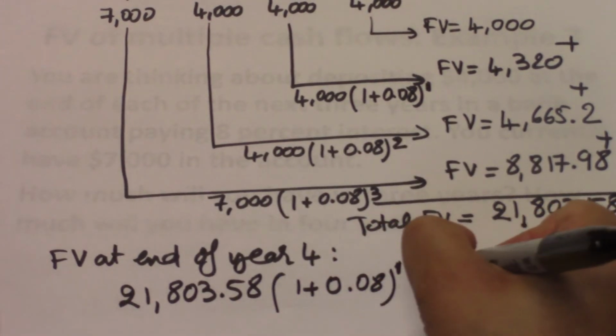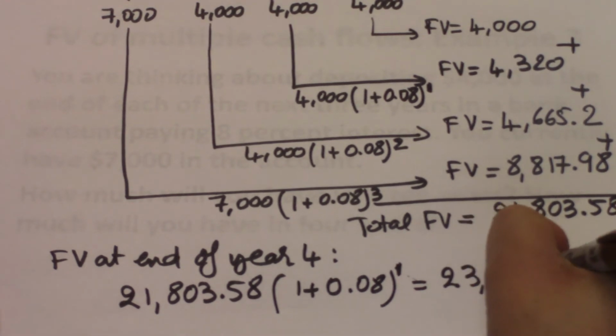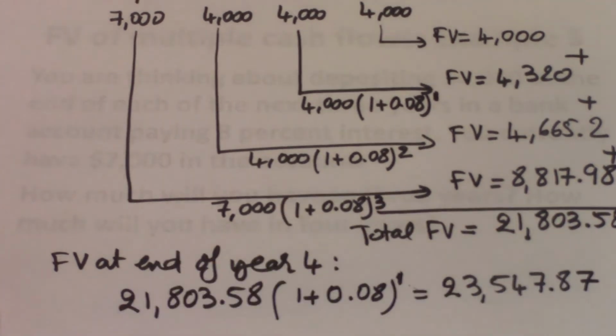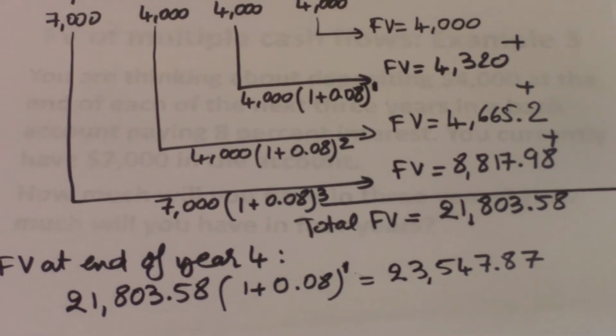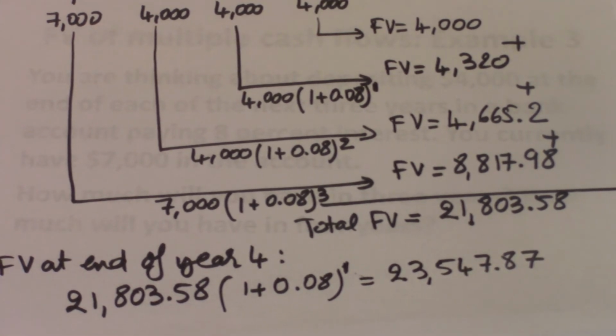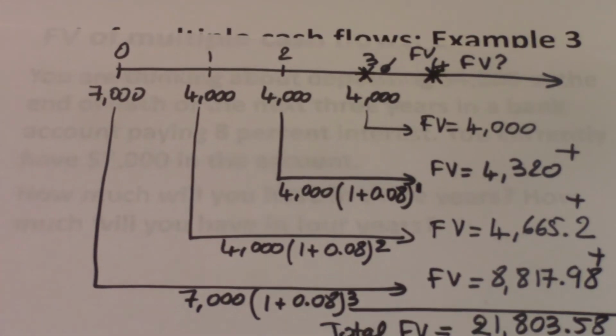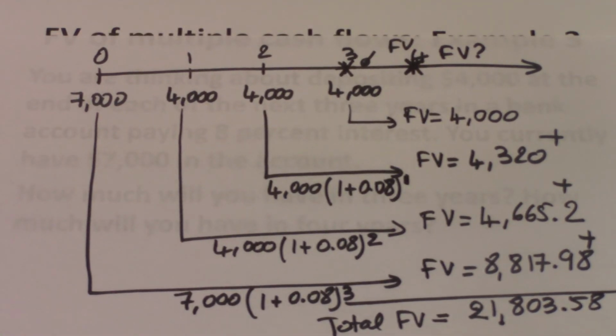Well, this will give us a future value of 23,547.87. So at the end of year 4, you should expect your account to have 23,547.87 if the investment gives you 8% and we have these cash flows that we initially included in this account.